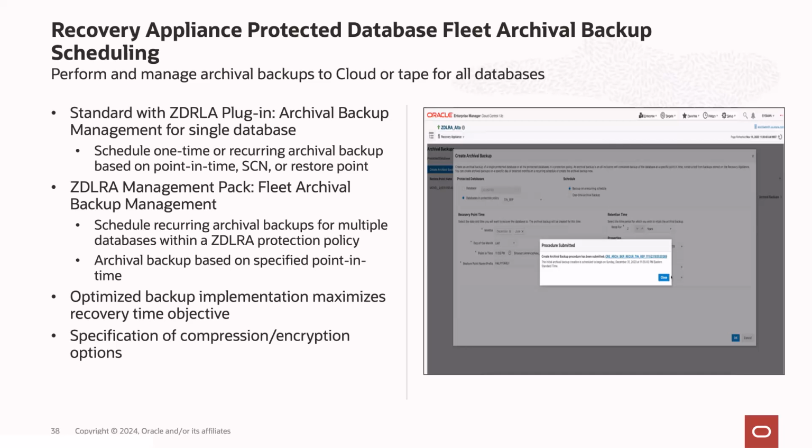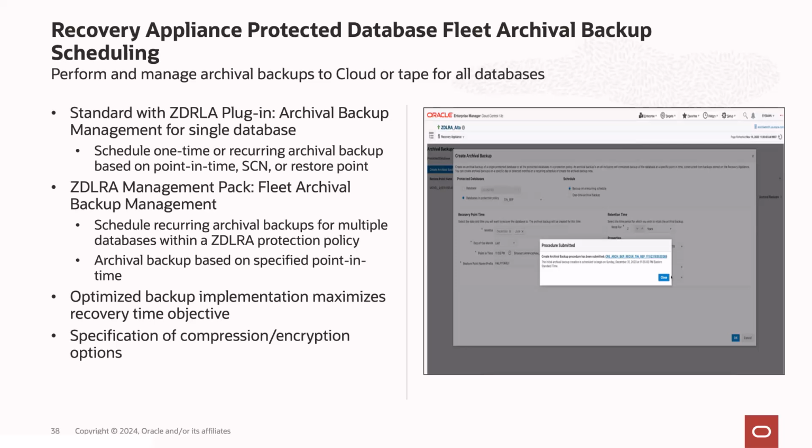Another important feature is archival backup. This feature provides the ability to create a point-in-time backup for offline storage, either to tape or object store. The new thing here is that it creates the backup from the recovery appliance and not from the database. We have workflows to configure and schedule these backups. They can be scheduled as recurring backups, and it is possible to generate archival backups based on profiles.